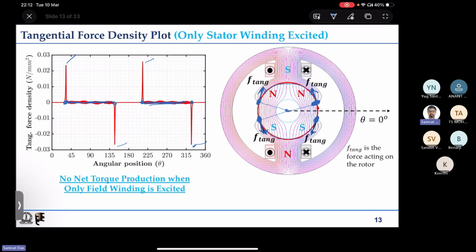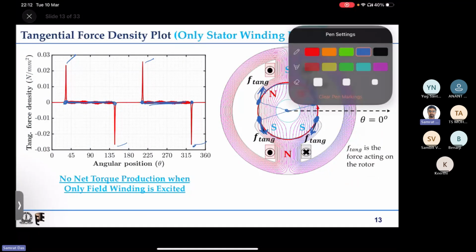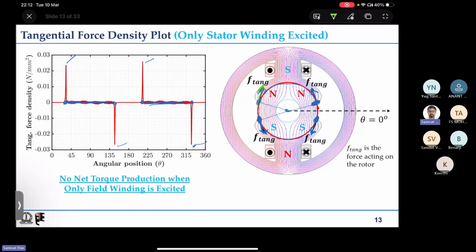Again, some anti-clockwise force here and clockwise force here of the same magnitude. So you can see that this force and this force make up one couple that makes the rotor rotate in the clockwise direction, and on the other side you have this force and this force acting on the rotor.